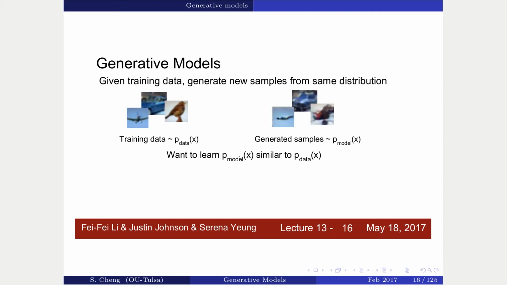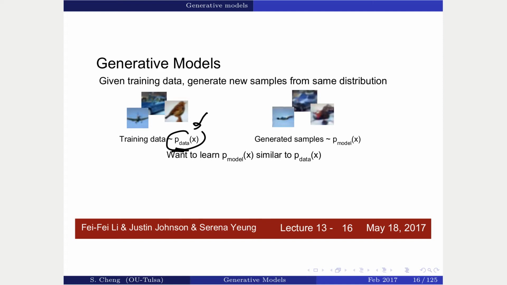So you already saw some generative models, right? In RNN. Now we'll just give it a more formal treatment here. Let's say we have some training data. We can think of this probabilistically, right? So we have the distribution of the training data, p data.